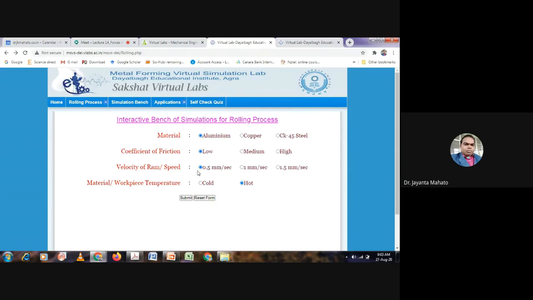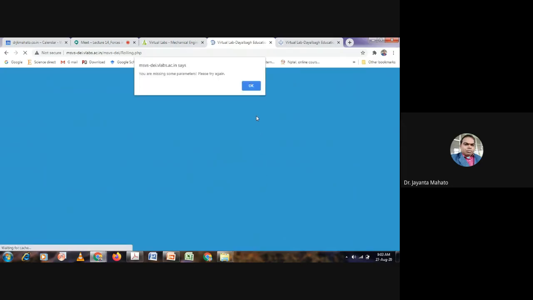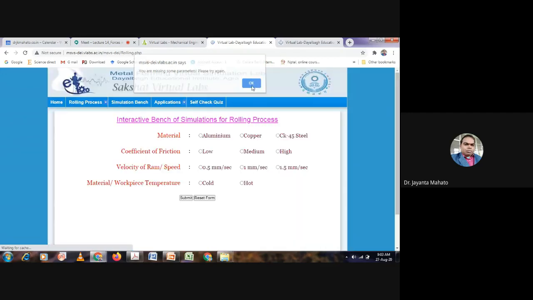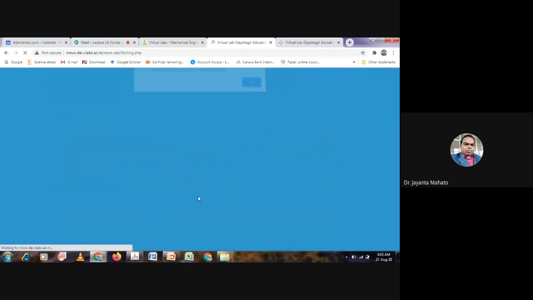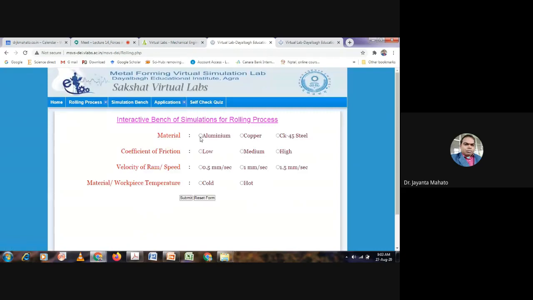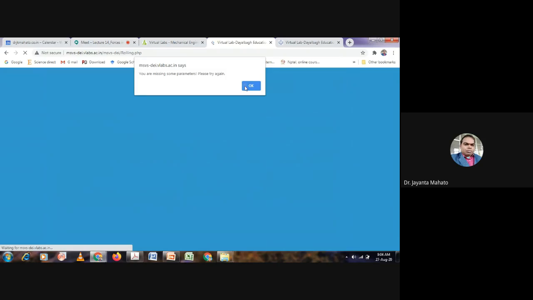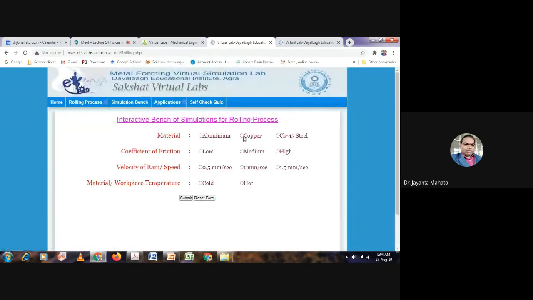Now if you do the experiment in hot condition with the same parameters, low coefficient of friction and velocity 0.5, aluminum low and hot condition is not available. I think hot rolling in aluminum is not available.